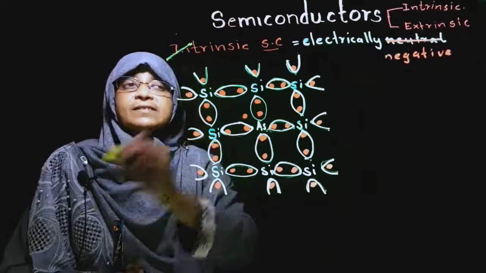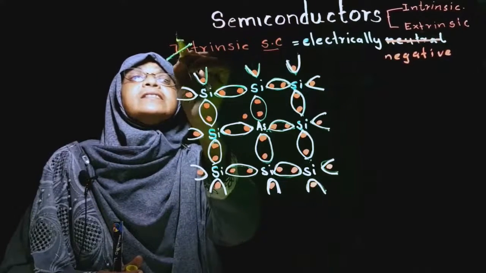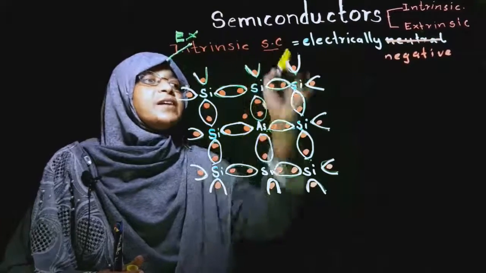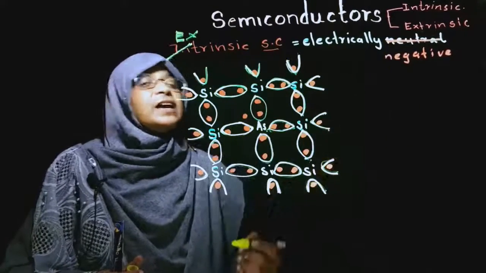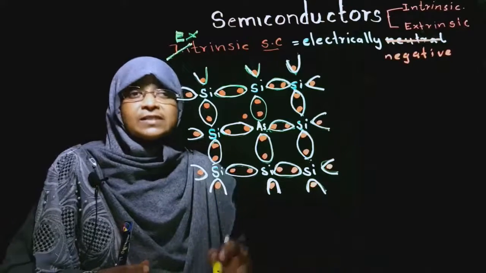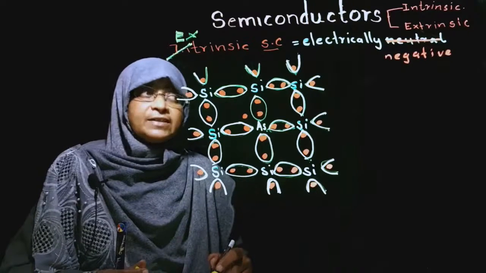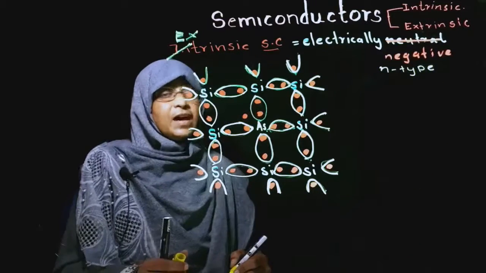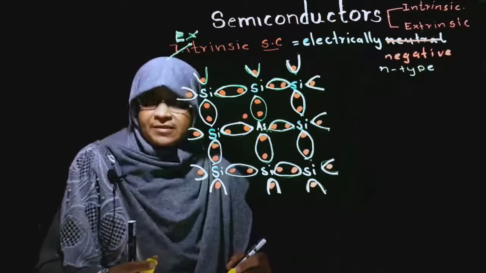Now it is an extrinsic semiconductor, electrically negative. So this type is called N-type. N-type extrinsic semiconductor.